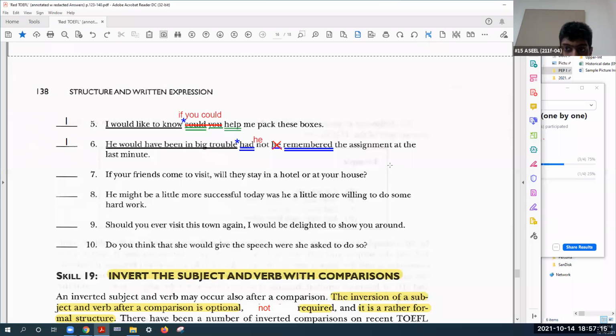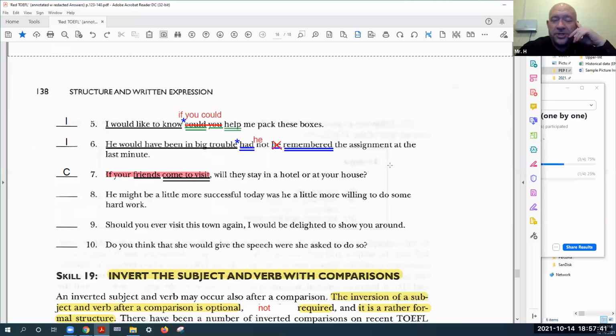Right. So friends is the subject, come is the verb, come to visit. And then all of this is the conditional clause, right? That's the conditional. And then where's the main clause? Will they stay in the hotel or at your house?